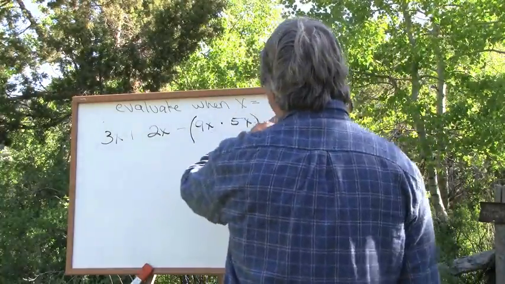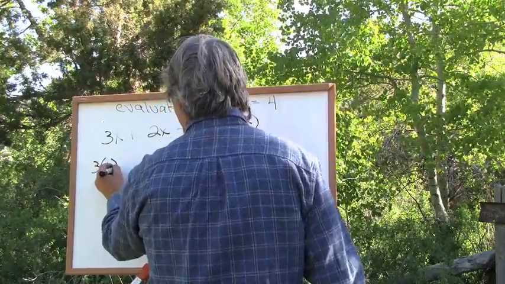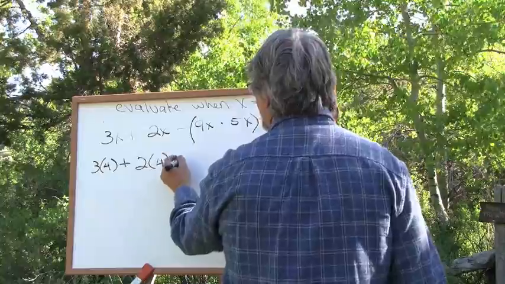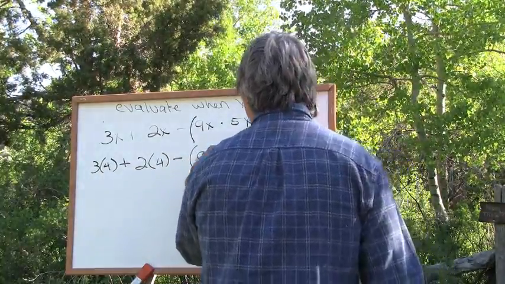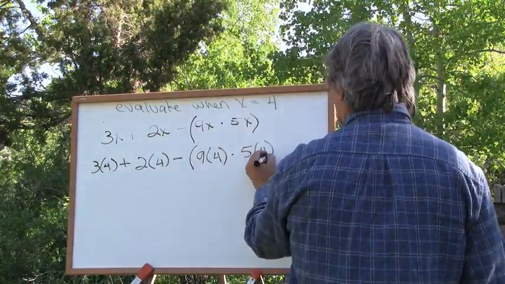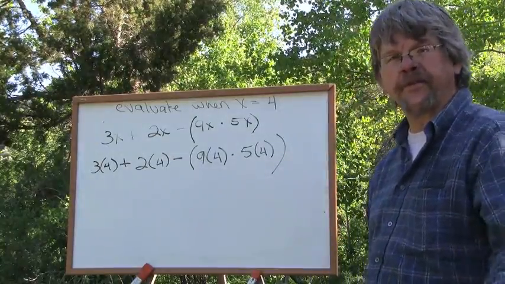But we can fill in the x. 3 times 4 plus 2 times 4 minus 9 times 4 times 5 times 4. There. Now we filled in the variable.